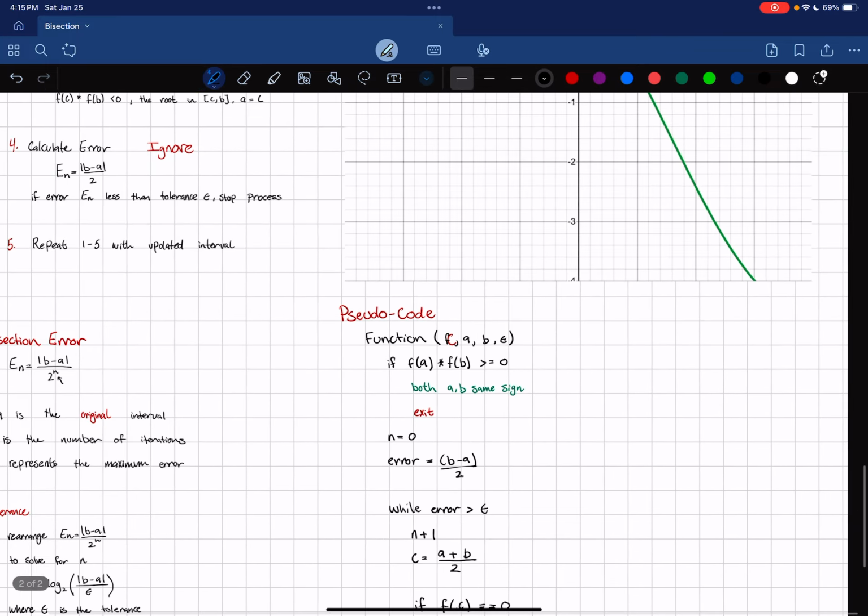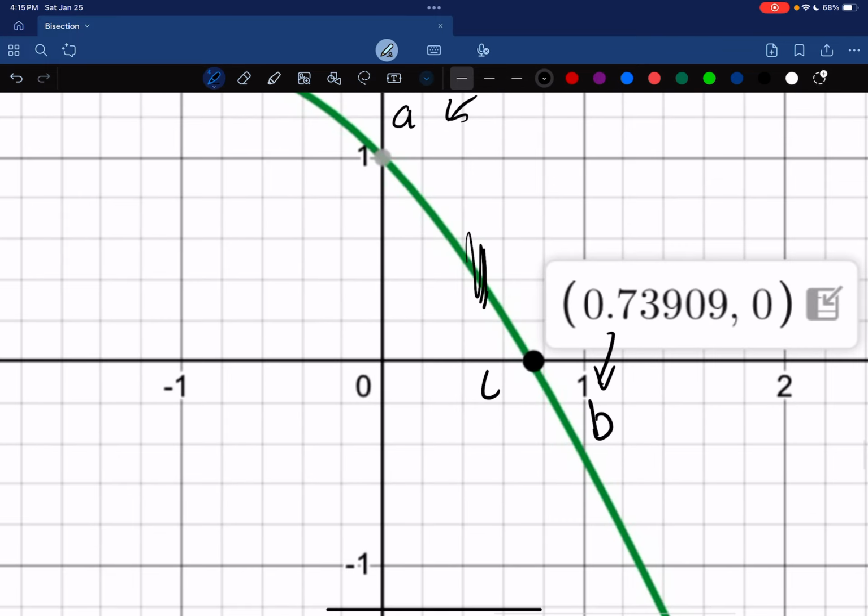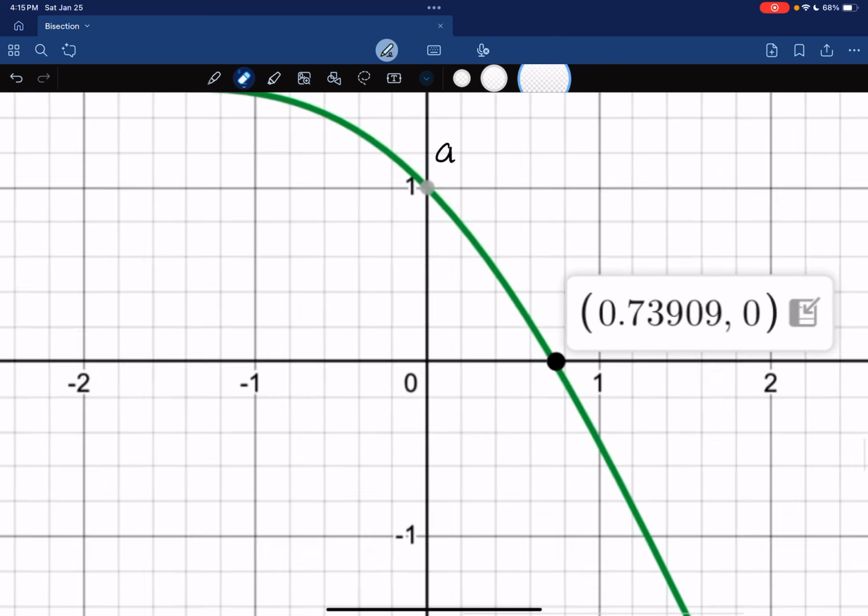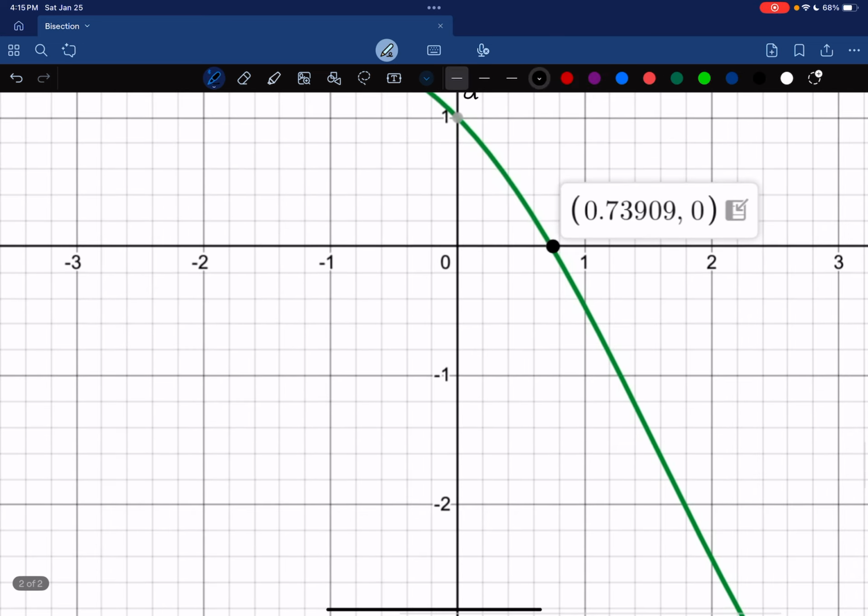Okay? So let's say this is my C, and we'll keep B here. Let's say my tolerance is like 1.